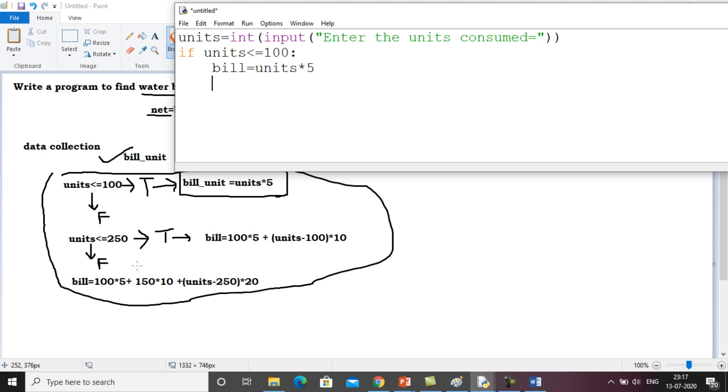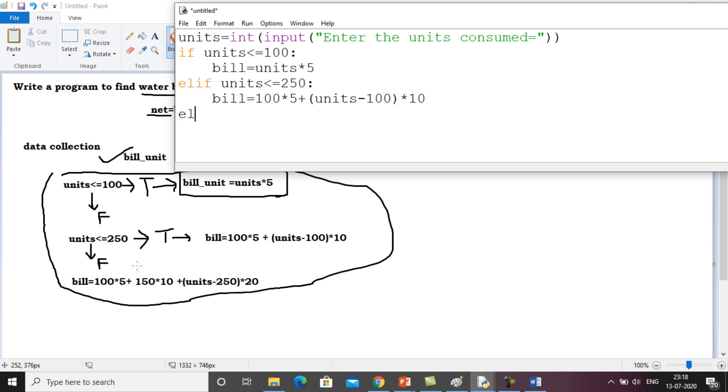Then elif, if the units is not less than equal to 100, if it is less than equal to 250, because for the next 150 we have to see now. So then bill is basically equal to 100 into 5 plus the balance units after deducting the first 100 units, and that unit will get multiplied by 10.